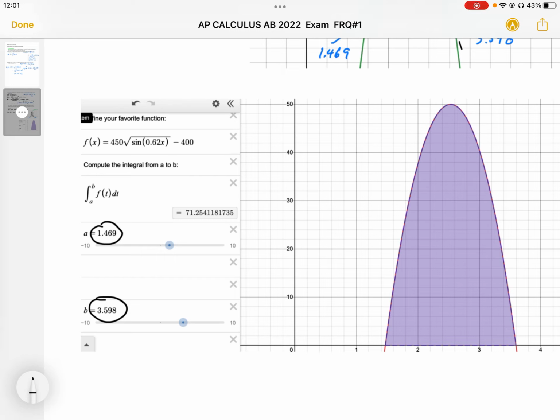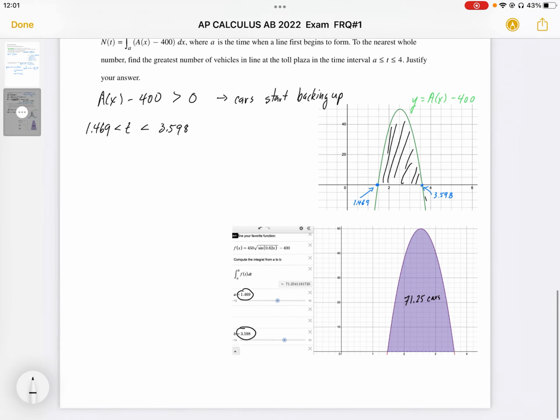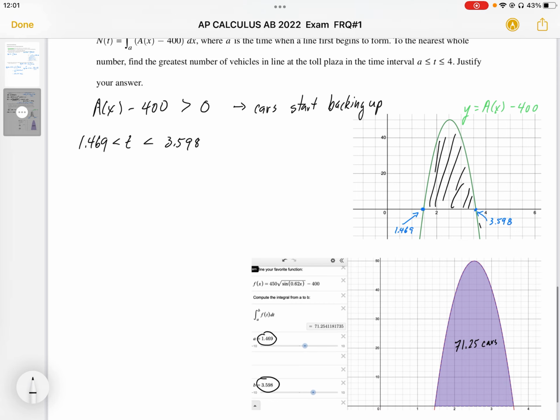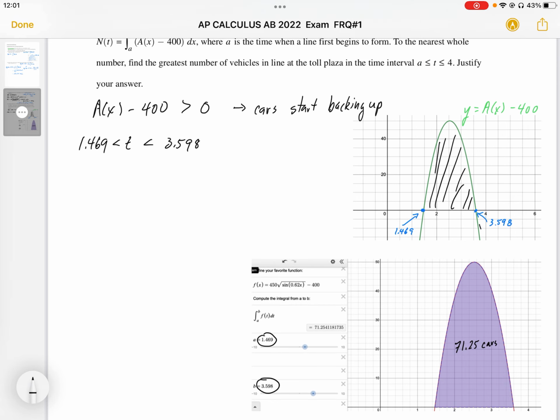The area that we get is 71.25 cars. So, to the nearest whole number, the greatest number of cars is 71 cars.